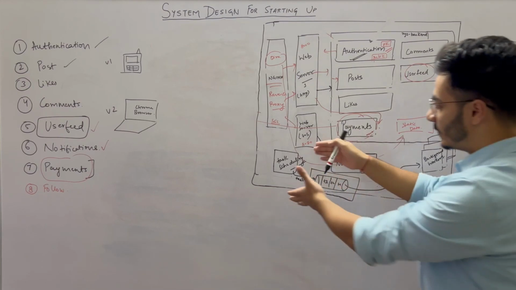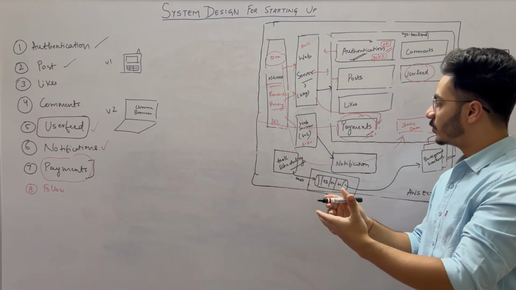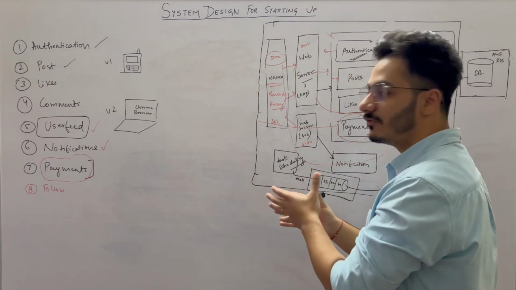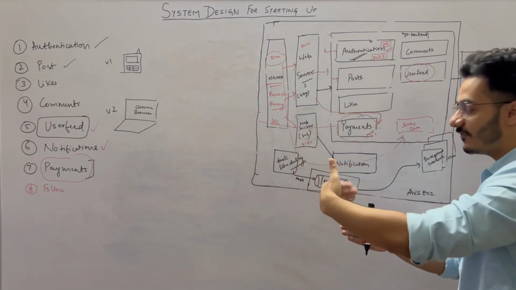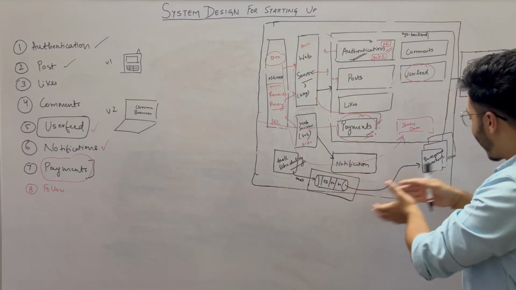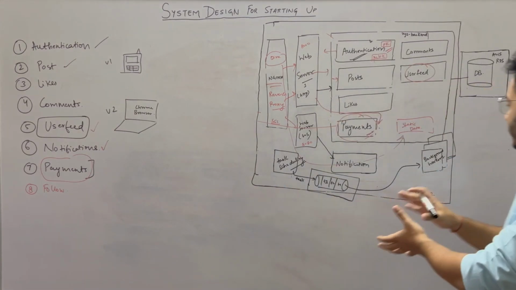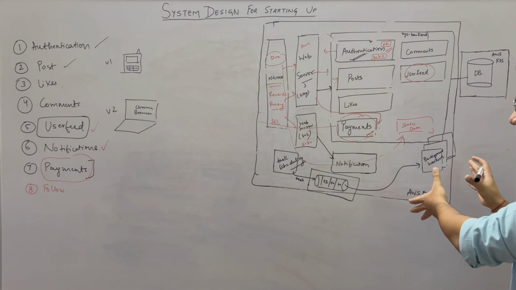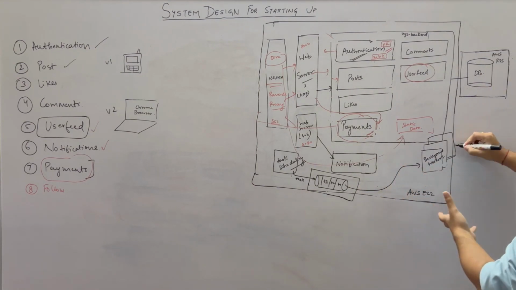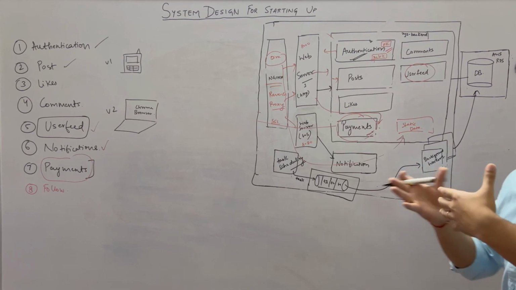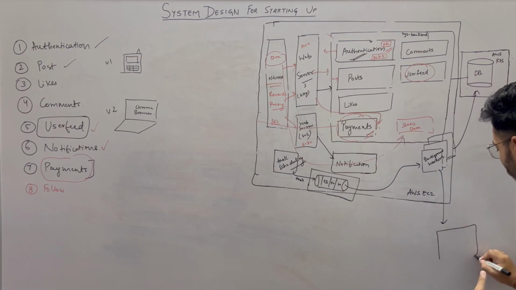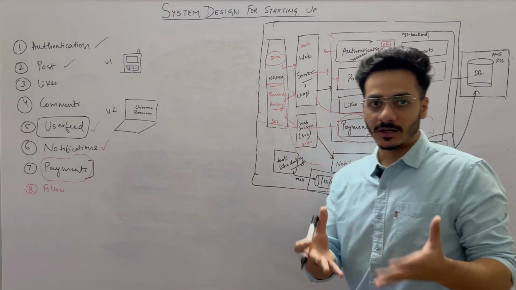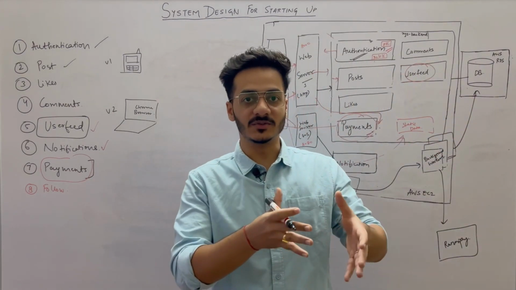In this scheduler we have specified the task, which will run automatically every half an hour, and this task scheduler will push that task to this queue, and from this queue this background worker will consume that task and perform the payment reconciliation, which is nothing but it will directly query this DB and get all the orders which are in pending state, and then hit the third-party API of Razorpay to check the status of that order, if it's paid or not by the user.